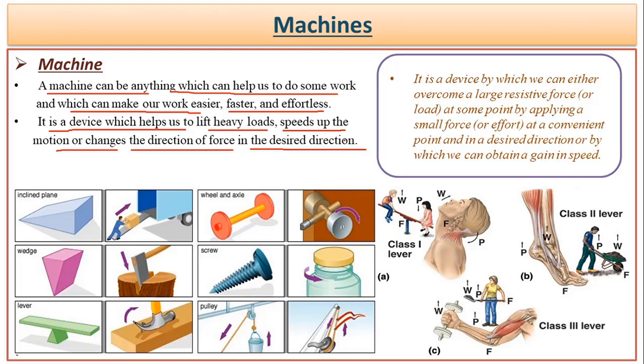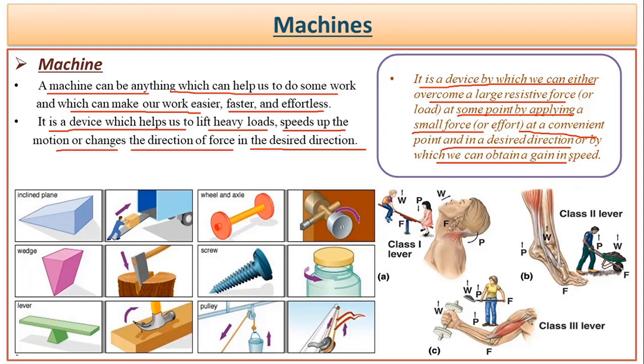Thus, we can say it is a device by which we can either overcome a large resistive force at some point by applying a small force at a convenient point and in a desired direction, or by which we can obtain a gain in speed.